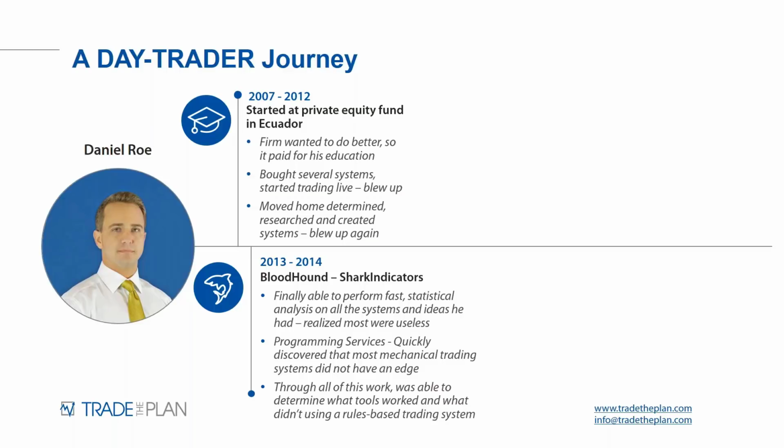He also became very proficient in programming with Bloodhound, with all the solvers and everything, and started offering Bloodhound programming services, partnering with SharkIndicators. And so he quickly discovered through working with clients that most mechanical trading systems did not have an edge, but through all of this work was able to determine what tools worked and what didn't using a rules-based system.